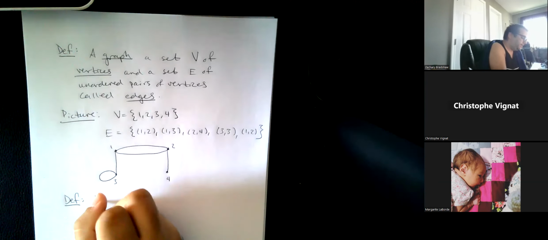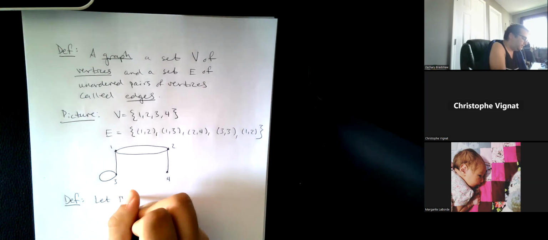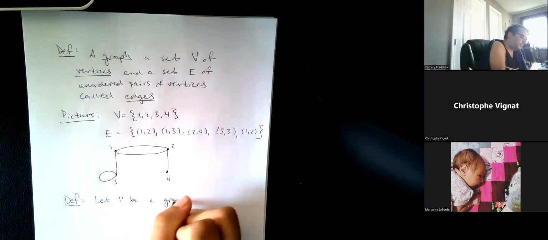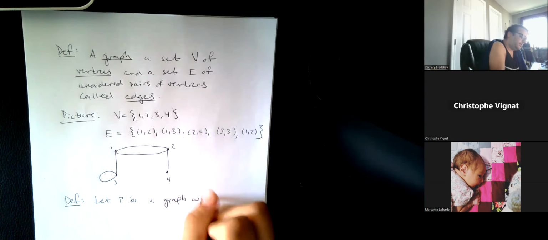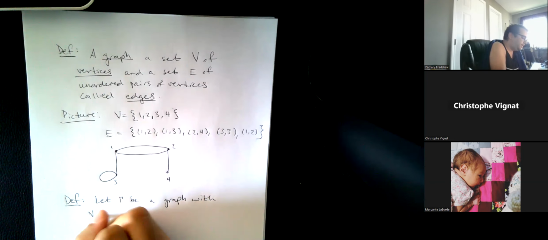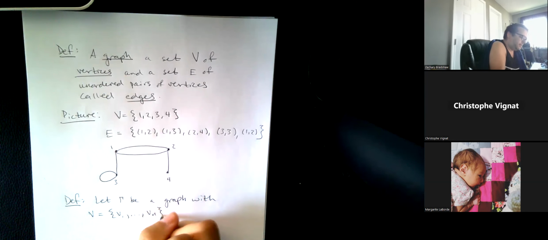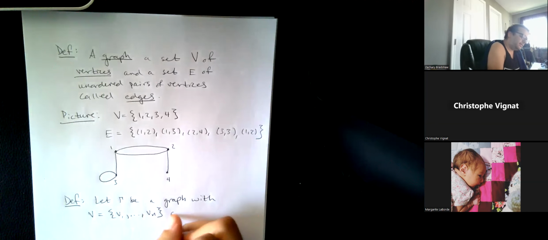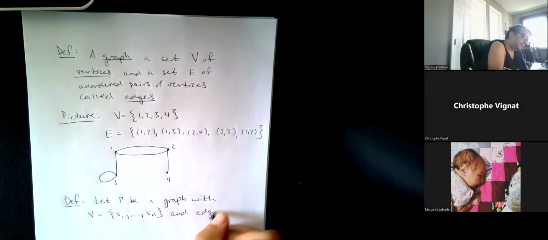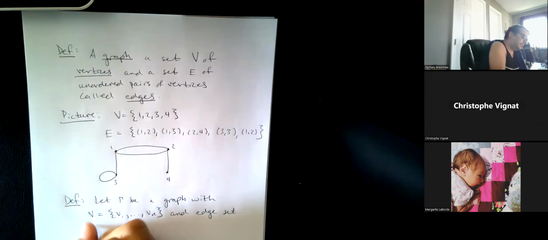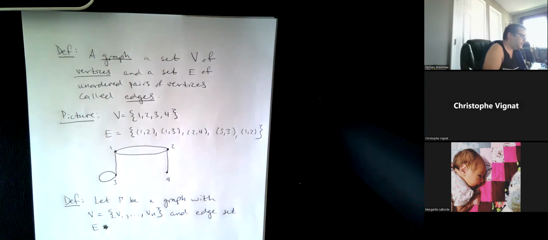Okay, so let gamma be a graph with vertex set V given by V1 through Vn and edge set E. We don't need to know how the things in E are labeled.